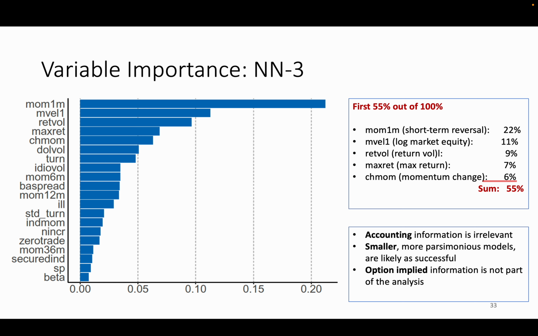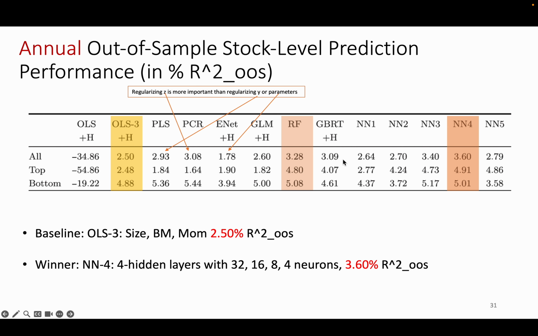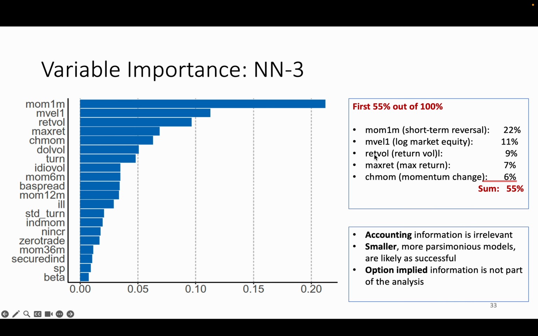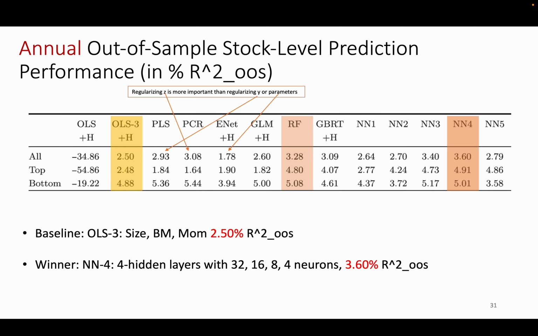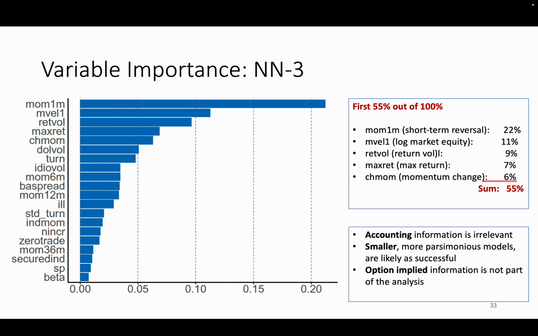We saw it here. More features are not better. We also see overfitting, which is one reason why more features is not better, but another is that features correlate with each other. So here I already see that one feature alone captures 22% of importance.